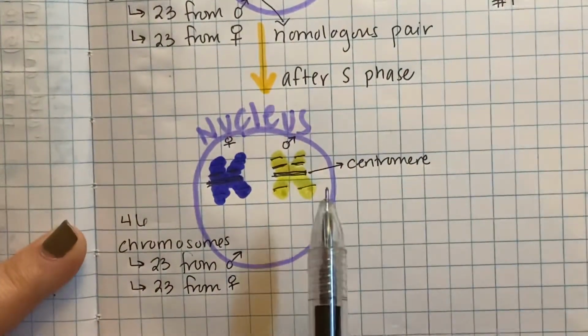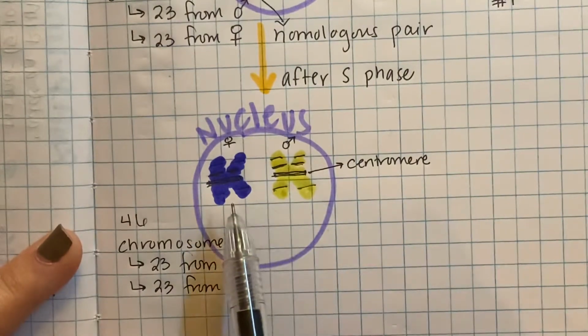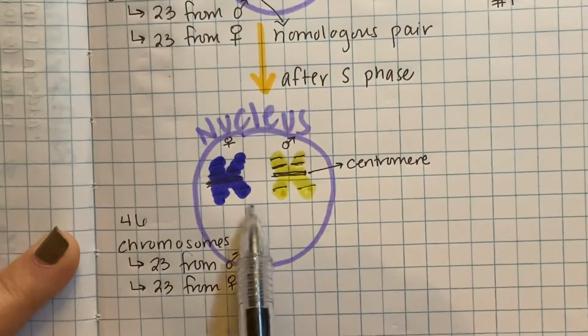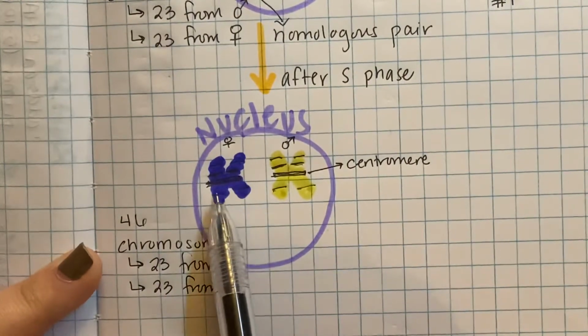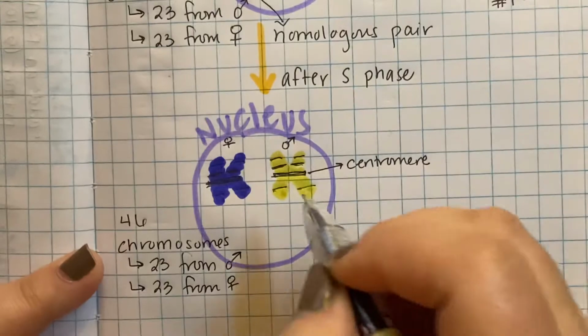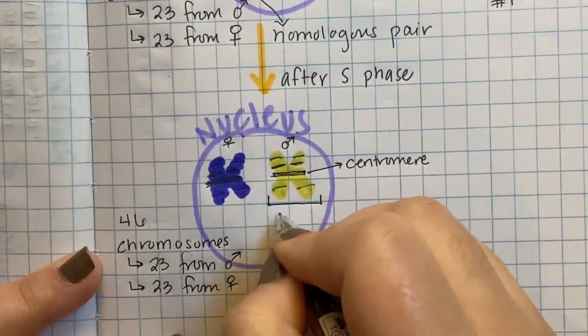If you look here, it does appear like everything was doubled. The reason that we don't double our chromosomes is because when they're connected like this, they're referred to as one chromosome. Okay, so this is one chromosome.